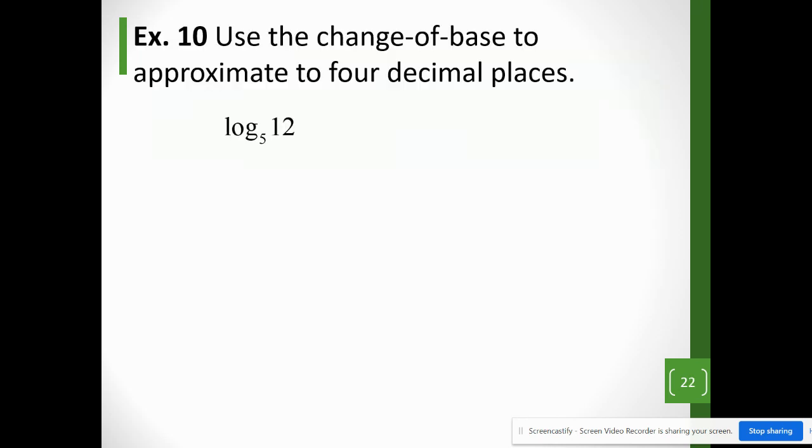Let me show you guys an example of what I mean with this. So use the change of base to approximate to 4 decimal places. I'm just going to use, in this case, log base 10, because my calculator can do log. So the way I see this is log of 12 divided by log of 5. Now, if you have one of those calculators where you can change the base, just type in log base 5 of 12.